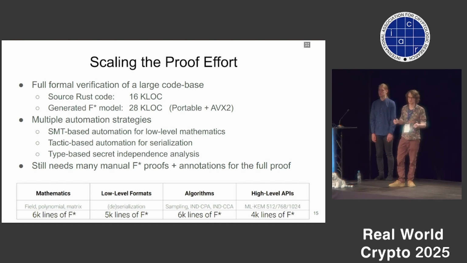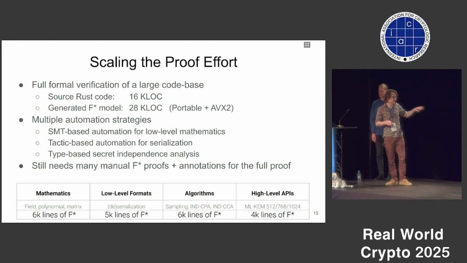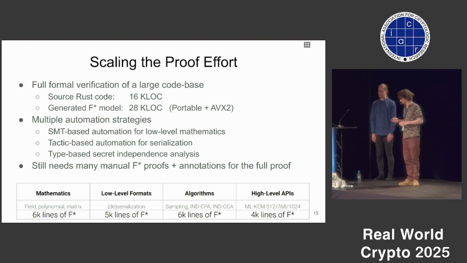For more mechanized things like serialization, we could resort to SMT-based tactics. And as we saw just before, for secret independence, we just use a light type analysis in Rust. But still, there is a need for manual proofs and manual F* annotations to tie all those proofs together. And as you can see on the table, the proof effort is quite distributed over the code base.